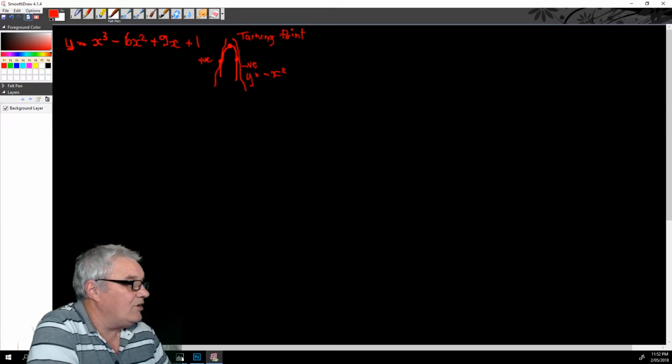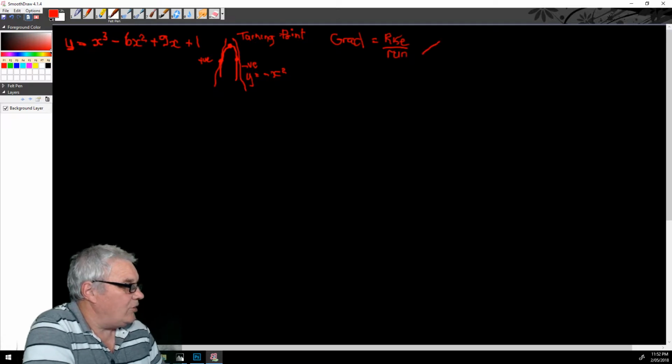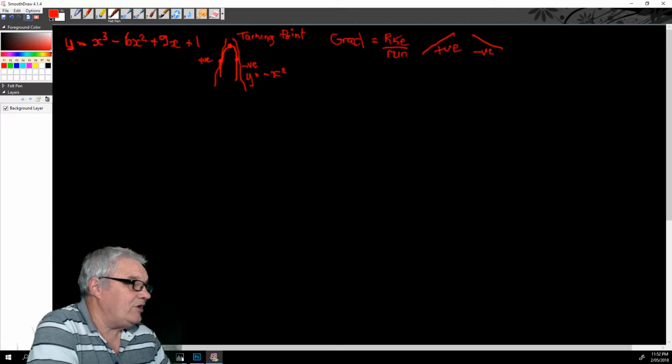Remember the gradient equals rise over run. And so gradients that increase from left to right are positive, and gradients that decrease from left to right are negative. So here we can see that it's increasing from left to right, positive, then negative.